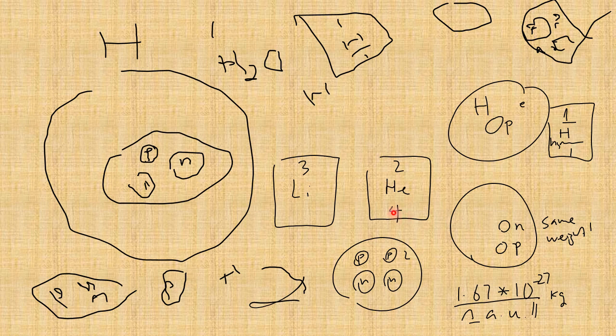For example, helium is 4 times, lithium is 7 times, and oxygen is 16 times that. So it's atomic mass units. Atomic mass units, the weight of a proton, the weight of a neutron, and 1.67 times 10 to the negative 27 are all more or less the same number.